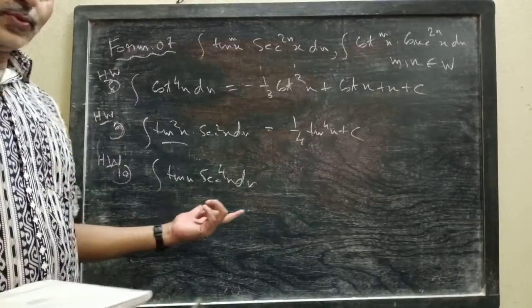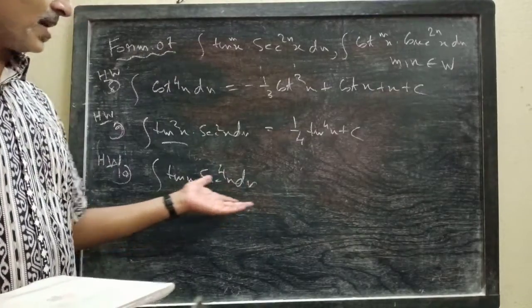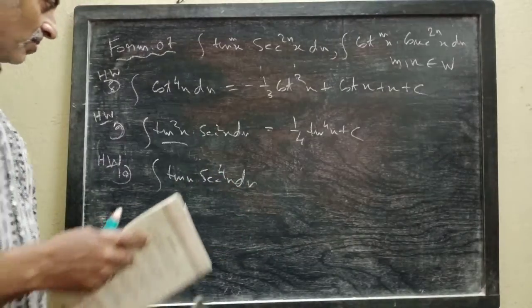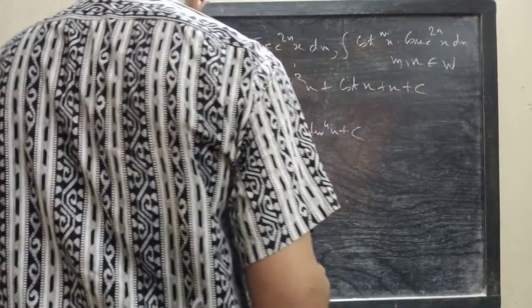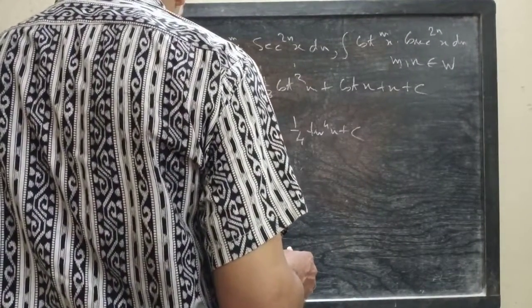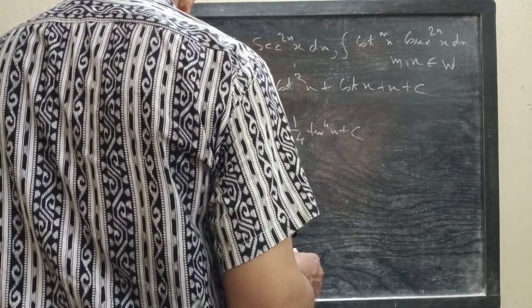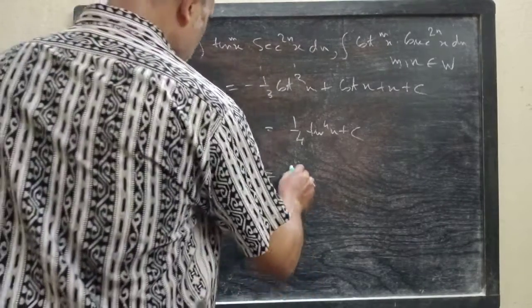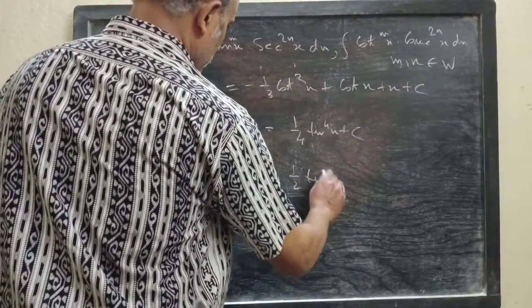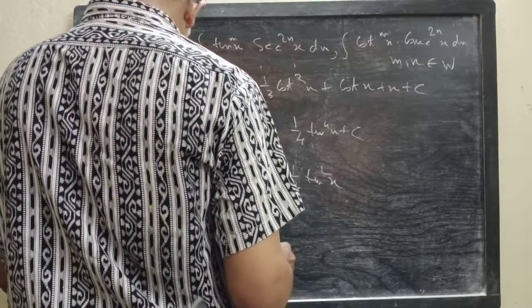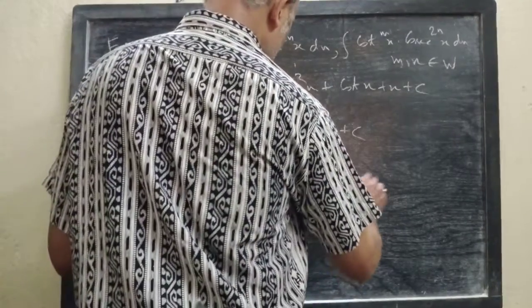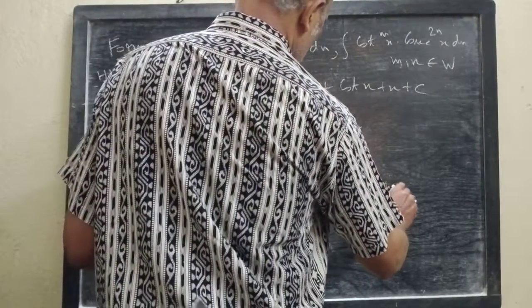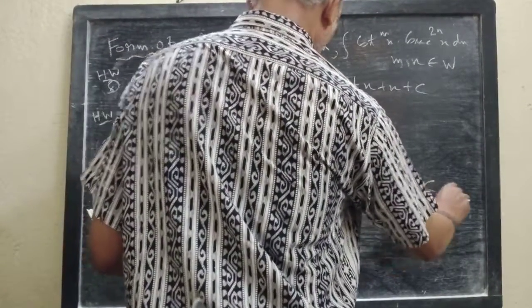Then you can put tan x equals z, or you can write d tan x. In a simple way you can get your answer. Your answer will be half tan square x plus 1 by 4 tan to the power 4x plus c.